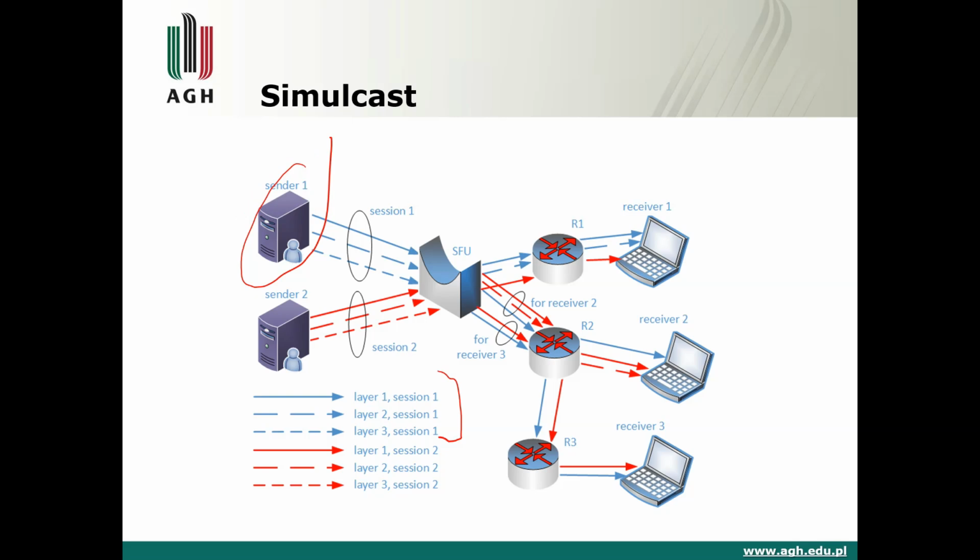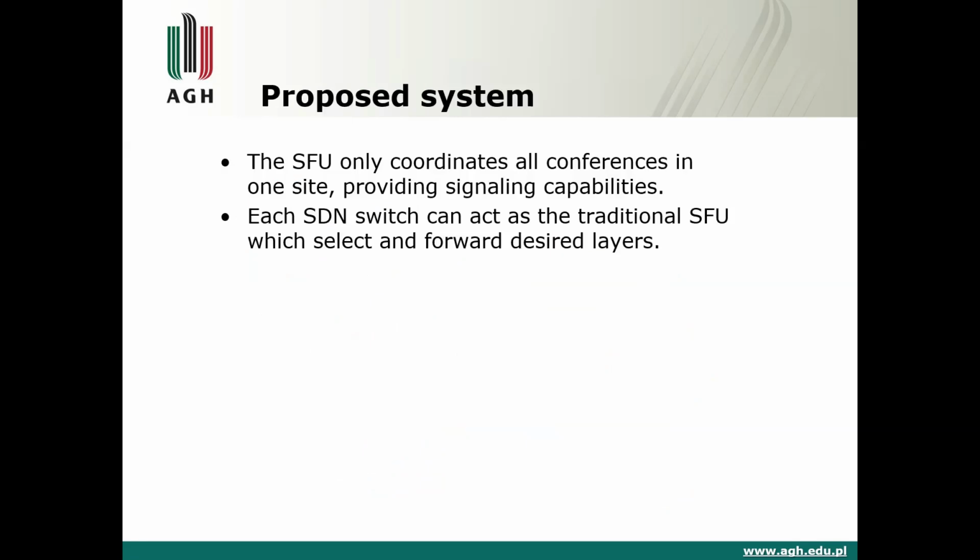With this layering system, we propose to move some functionality from the selective forwarding unit to the SDN switches. Each SDN switch can act as a traditional selective forwarding unit. In this solution, SDN is not only a working element which acts as an SFU, but also provides some information about network condition.